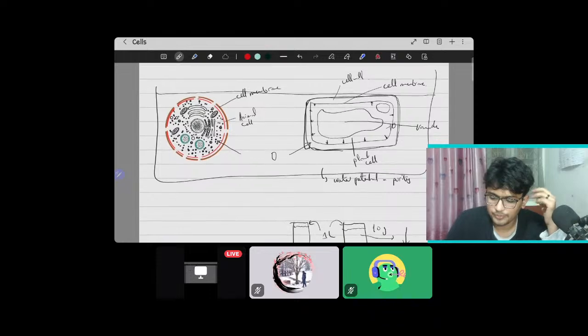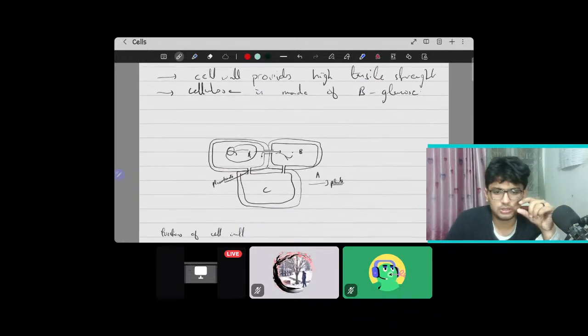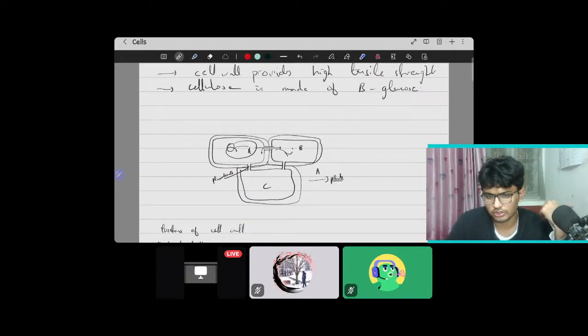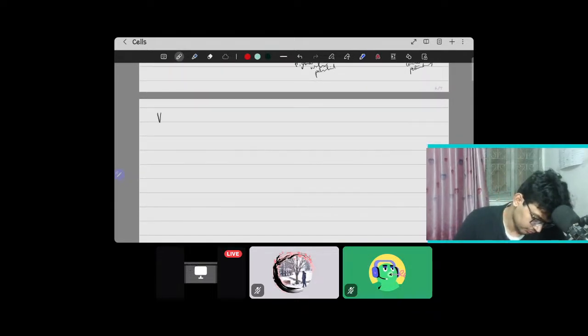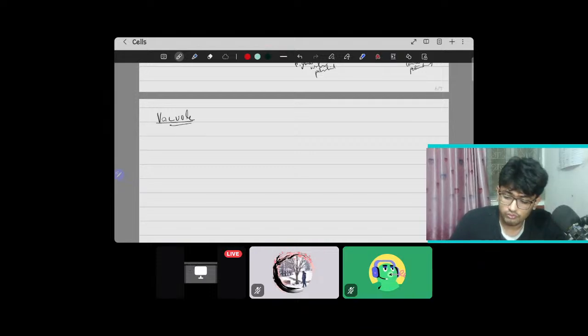In animals it's in tiny pieces and they are numerous in number, whereas in plants there's a large central vacuole. And the vacuole is a fluid-filled sac surrounded by a single membrane called the tonoplast.